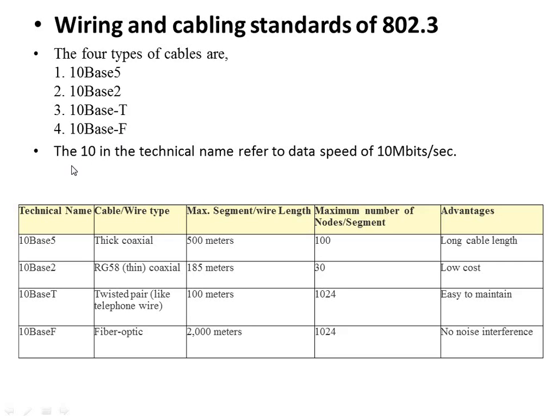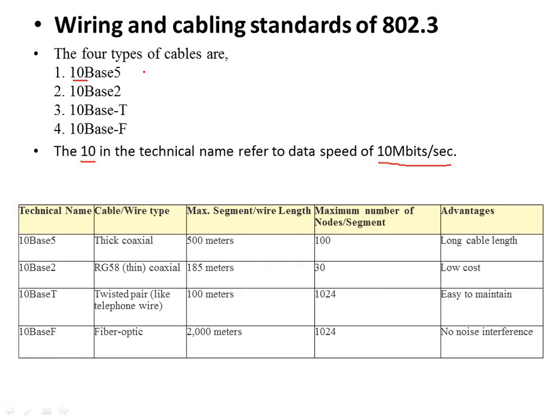Now here the 10 means the speed you will be considering, 10 is nothing but 10 megabits per second. That is the baud rate of your transmission. If I come up with 100, then the speed is 100 megabits per second.